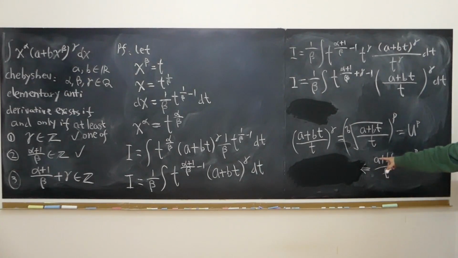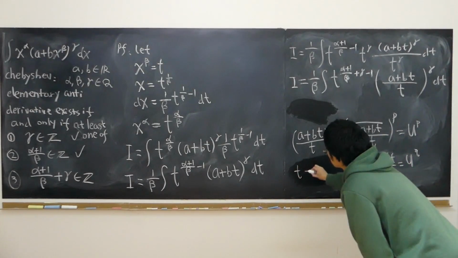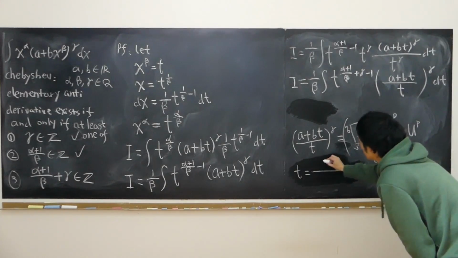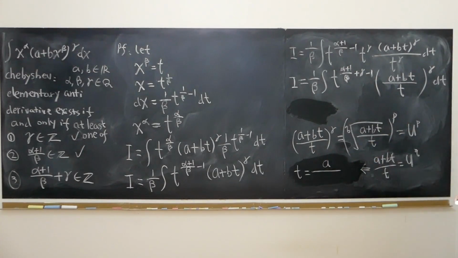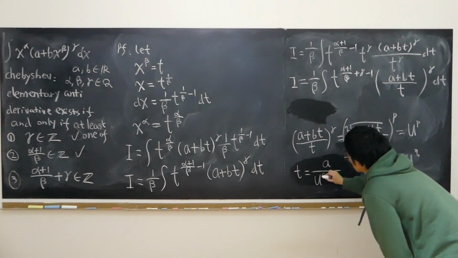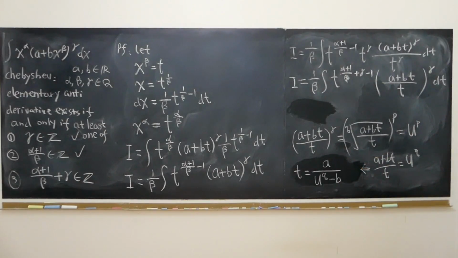Here we only have a remaining, so t should equal a over u to the power of q minus b, if I'm correct. Yes.